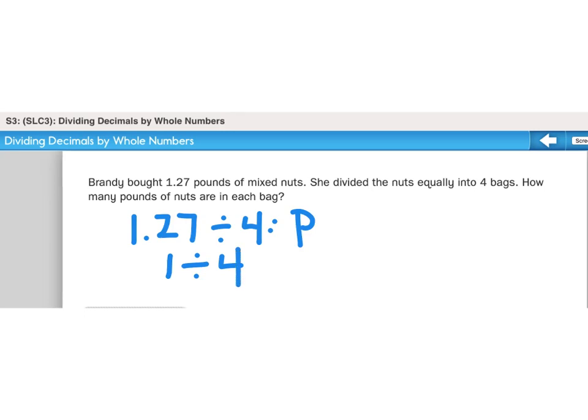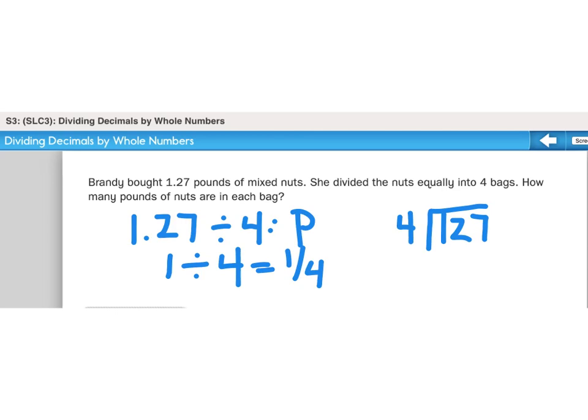We know that 1 divided by 4 equals 1/4, or we know that it's going to be a number that is less than 1. So let's go ahead and solve the problem, and we're going to use whole numbers for it. So 127 divided by 4.